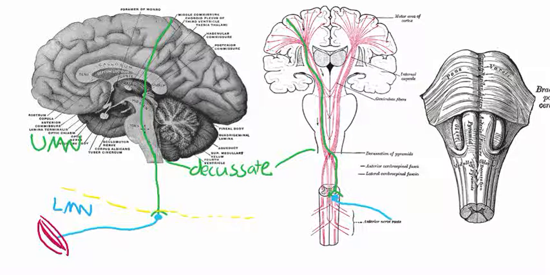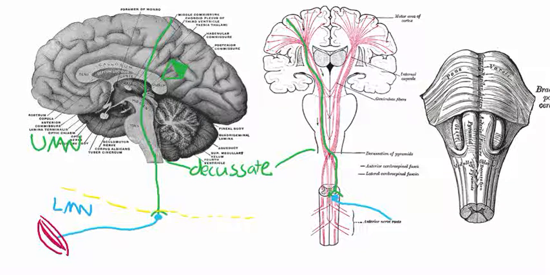The other name for the green one here is the pyramidal system. So let me draw a little pyramid. The reason it's called that is because as they travel through the brainstem here, they travel right through the anterior part.